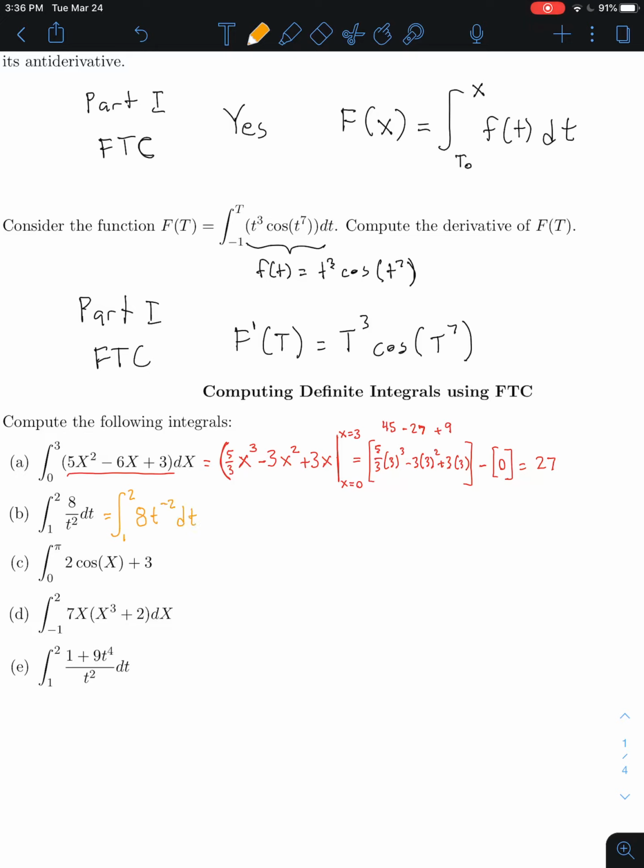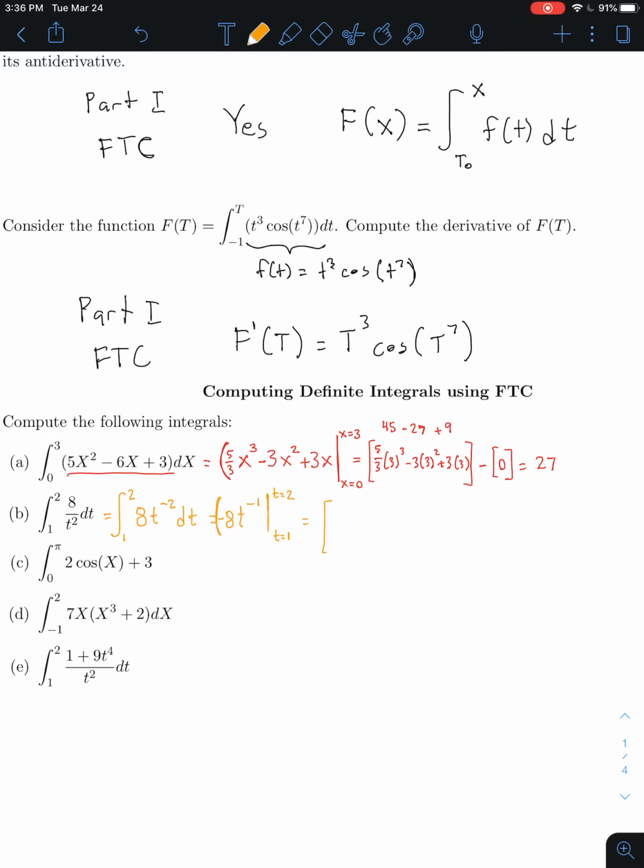And now we're in the case just like part A, where we're ready to take the antiderivative. To take the antiderivative, same as before, we're going to add 1 to the exponent, so t to the negative 1. And we're going to divide our coefficient 8 by negative 1, the new exponent, to get negative 8. And then we're going to add this bar notation to tell us that we're going to evaluate this from t is 1 up to t is 2.